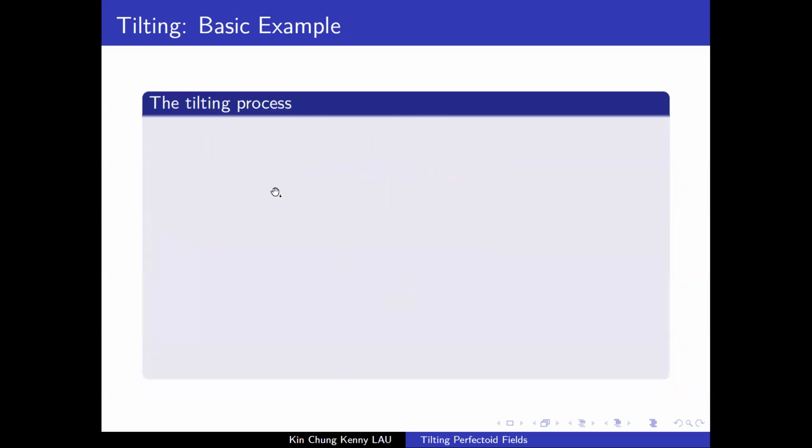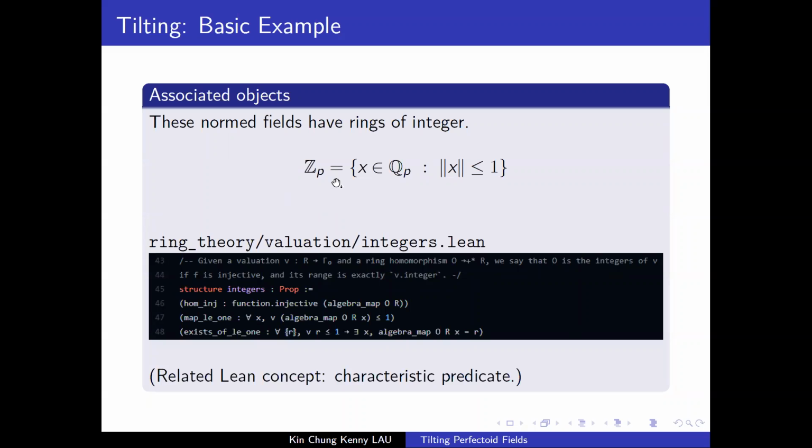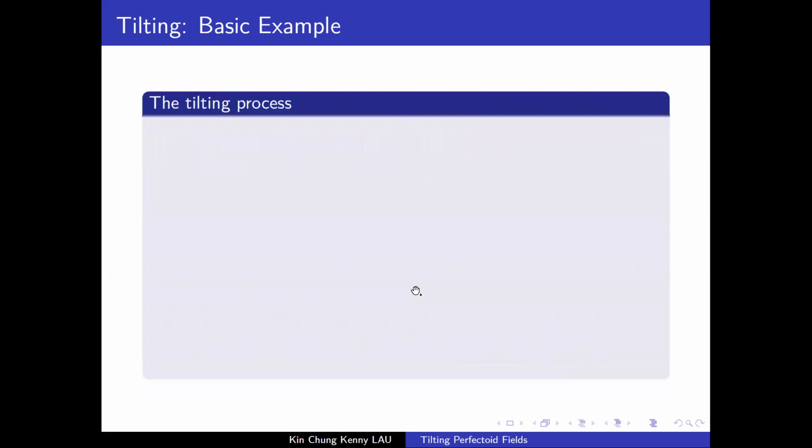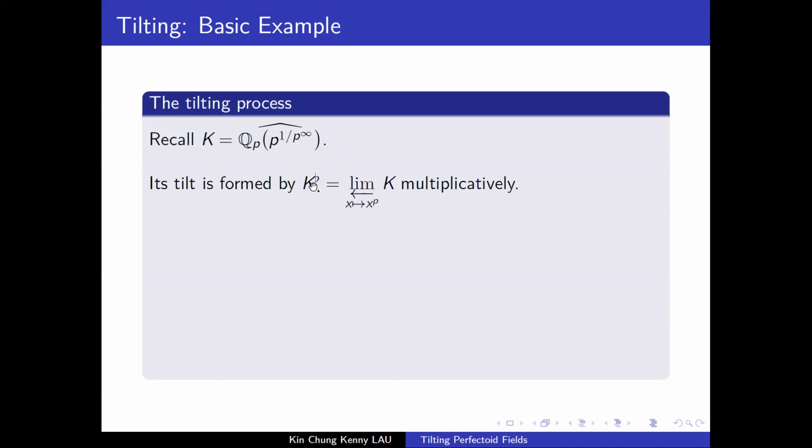So what's next is the tilting. What do we do to tilt this K we just defined? We define K to be the completion of Q_p adjoining all the p^n-th roots of p. The tilting will be called K flat. The flat is the tilting, and we make it by taking K and using the map sending x to x^p.